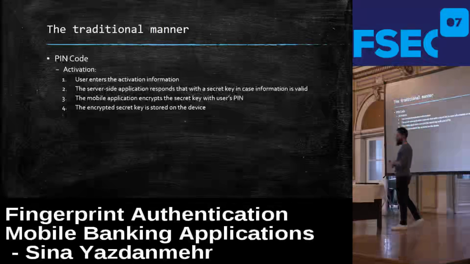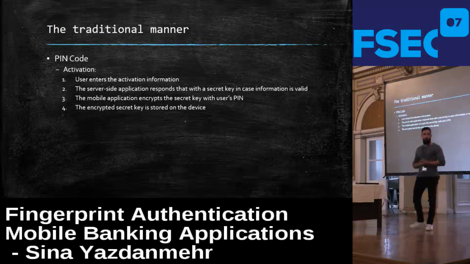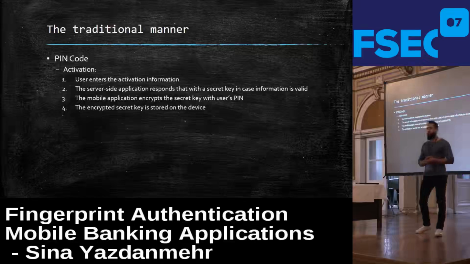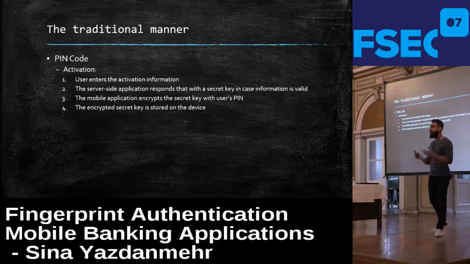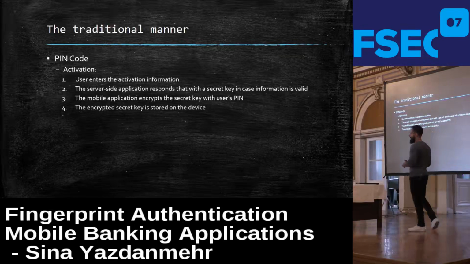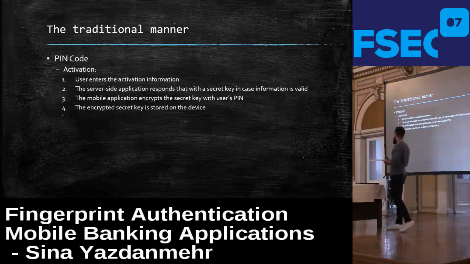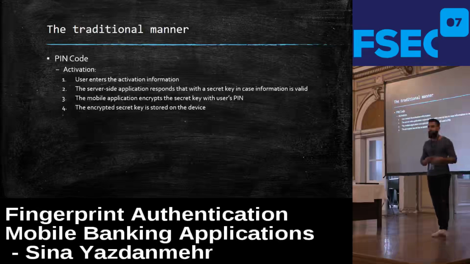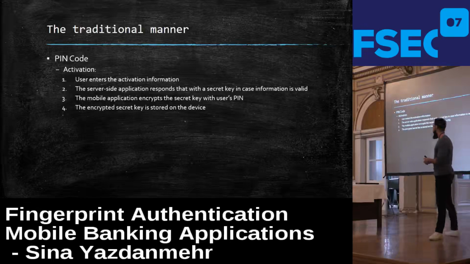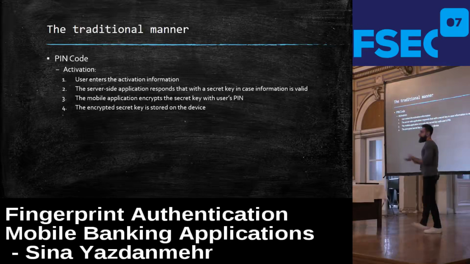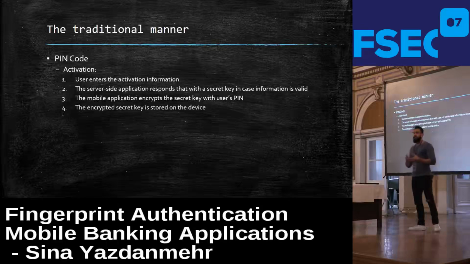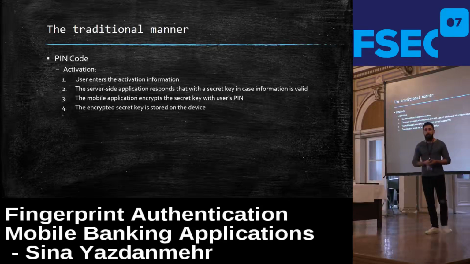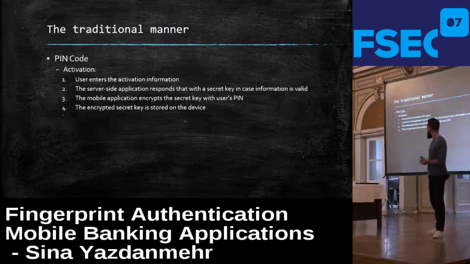In the current situation, when a user wants to start using a mobile banking application after installation and getting the activation information from the bank, first the user enters the data and the application sends it to the server-side application. After validation, the mobile app will receive a secret key, maybe with other information about the account.